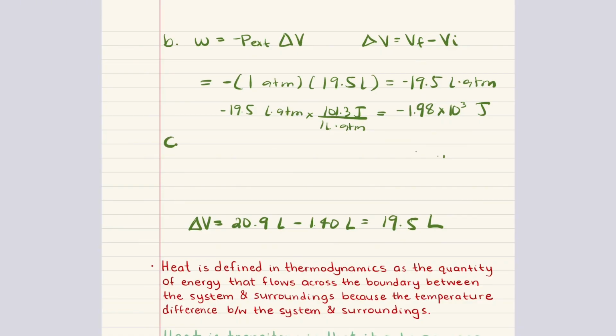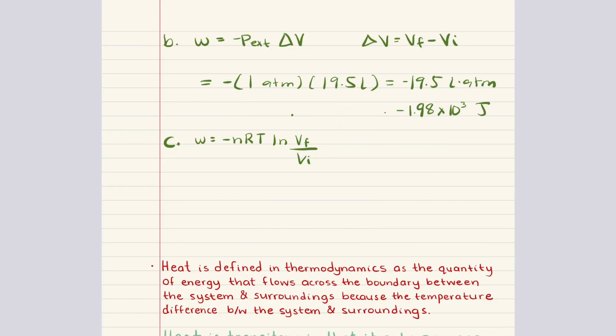Finally, part C is the reversible isothermal case. In this situation, the work is given by the negative of nR times T multiplied by the natural log of the ratio of the final volume to the initial volume.